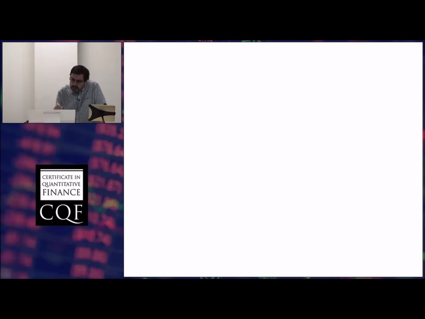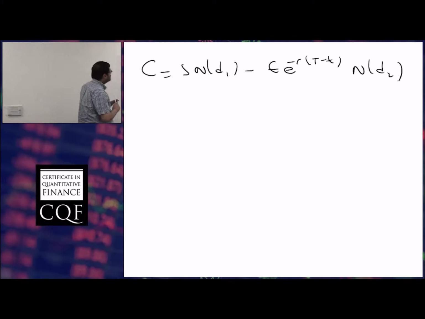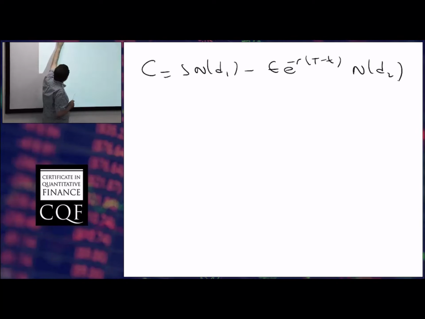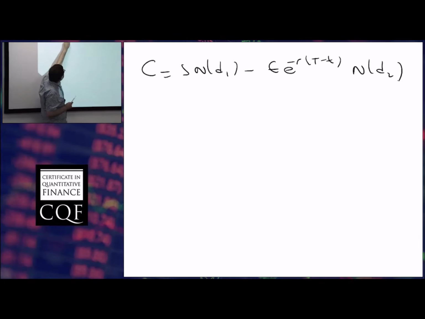We know that C is equal to S N of d1 minus this N of d2. Is it all right if we just focus on the very first one? This is easier, and if you understand this, then that's straightforward. So let's just focus on this.